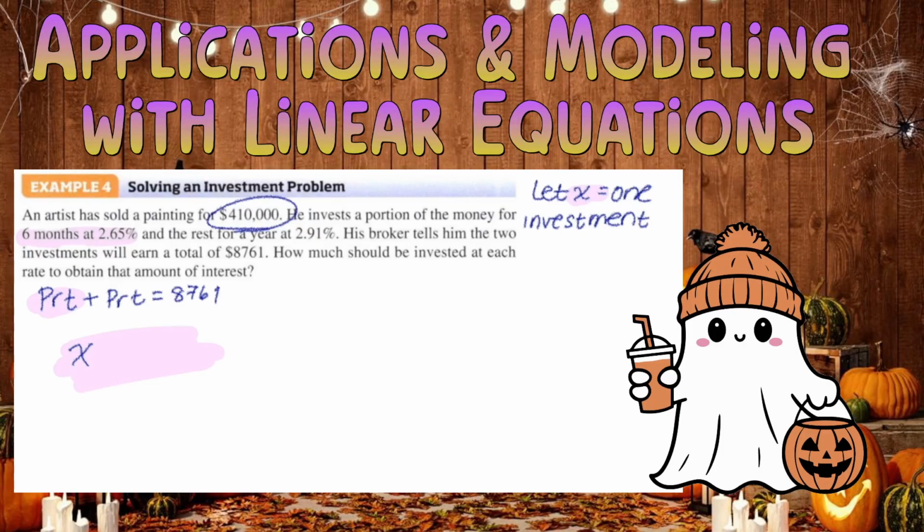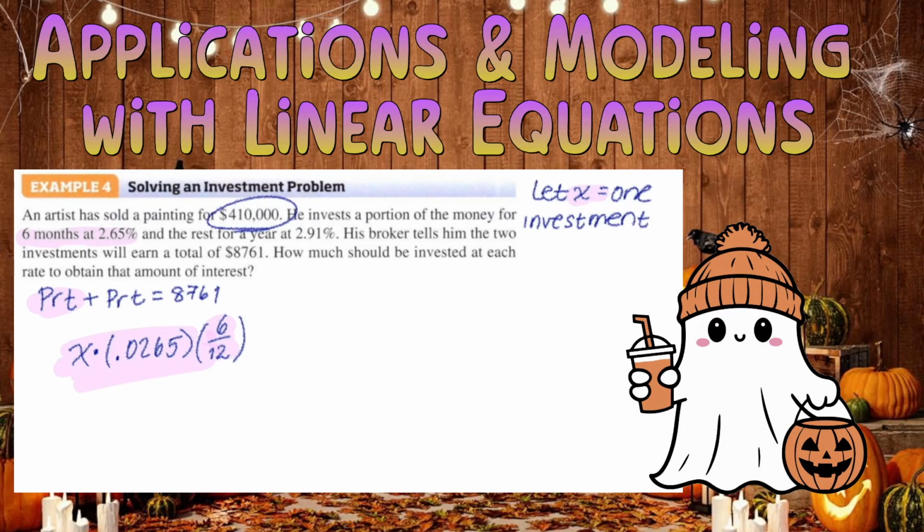The rate as a decimal is 0.0265 times the time, which is 6 months. You can call that one half of a year, 6 out of 12. For now, I'm just writing 6 over 12, so we all see exactly where it came from.